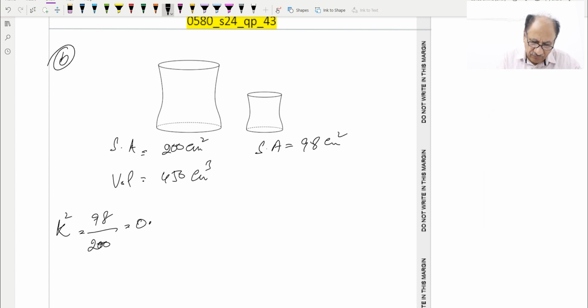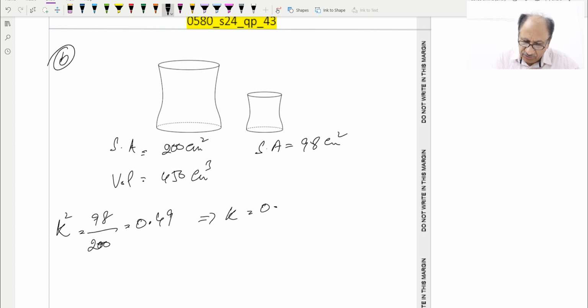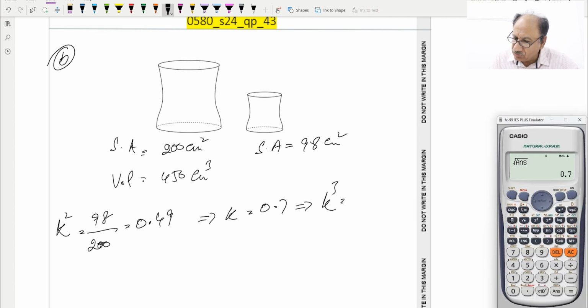So K square value is 0.49. For the volume, we will be using K cube. So K will be equal to the square root of the answer, which is 0.7.